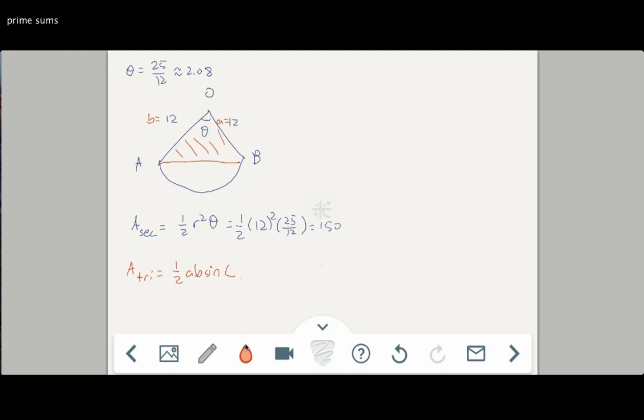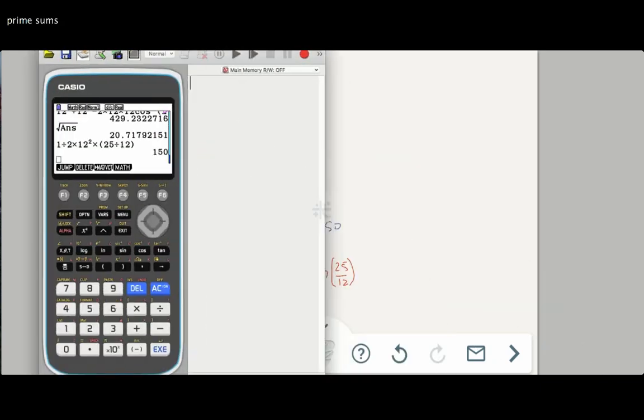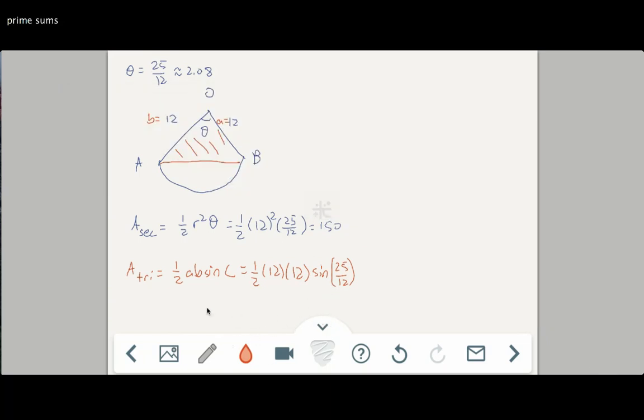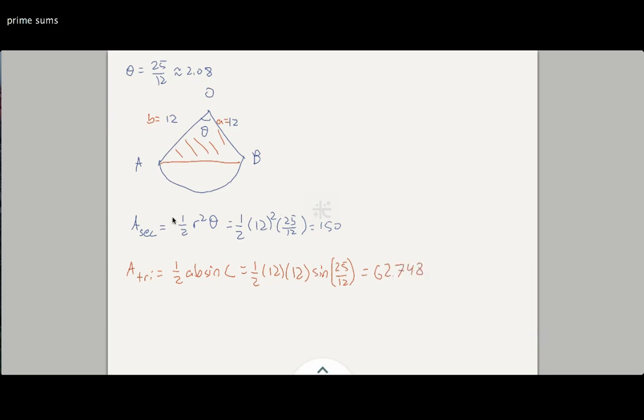So this area is 1/2 times 12 times 12 times the sine of 25/12. And again, make sure we're in radians. We get 62.748. Therefore, A2 is the area of the sector minus the area of the triangle.